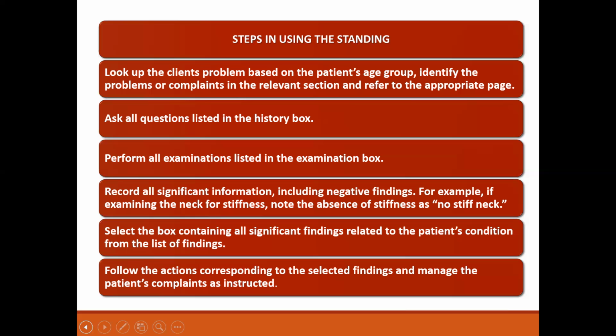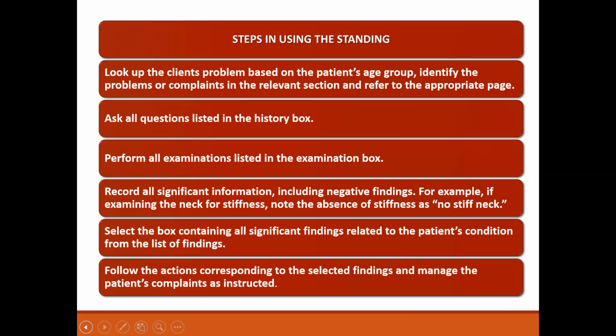But in our own case, it's burns of the eye by hot water. It's an accident. So when you've located it in the adult section, next you ask all questions listed in the box. But at this point, you have to adapt and adopt, not everything you're going to see. Then you perform all examinations listed in the examination box. Remember, we are taking enough history and enough examination for us to make good clinical judgment.